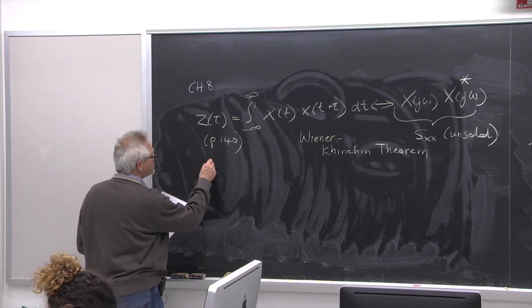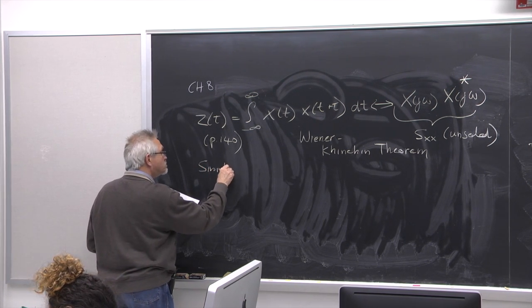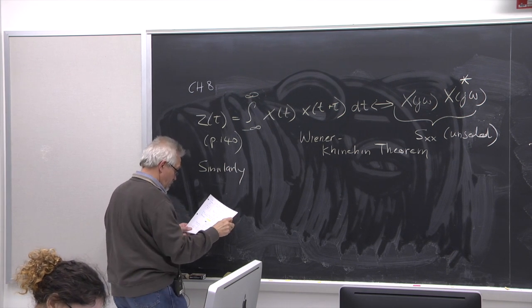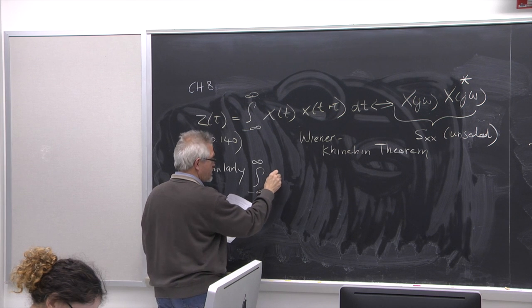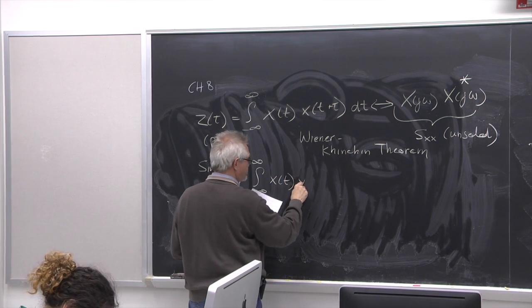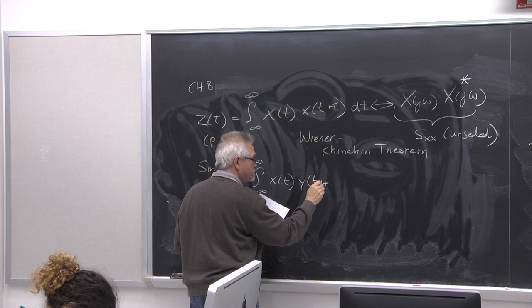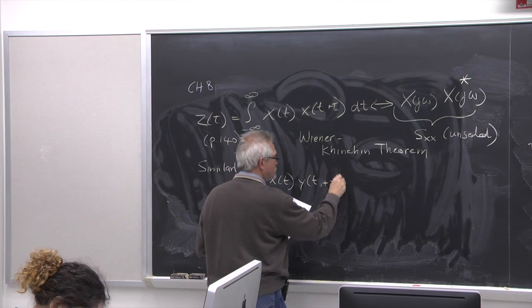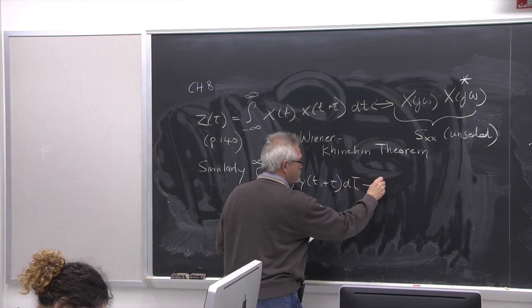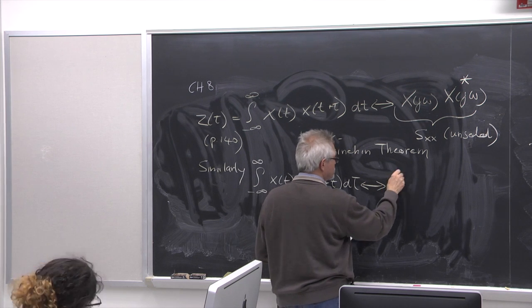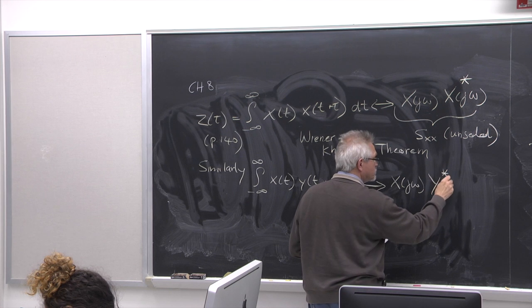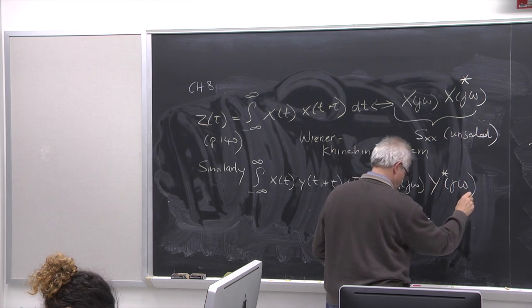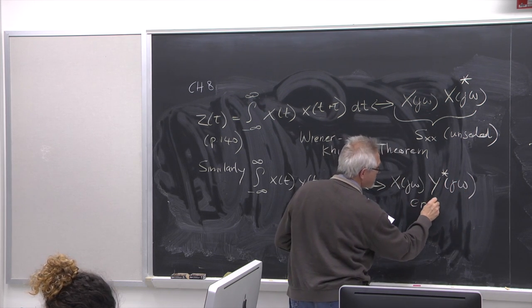Similarly, if you have the cross-correlation instead of the autocorrelation, it gives you the cross spectrum.